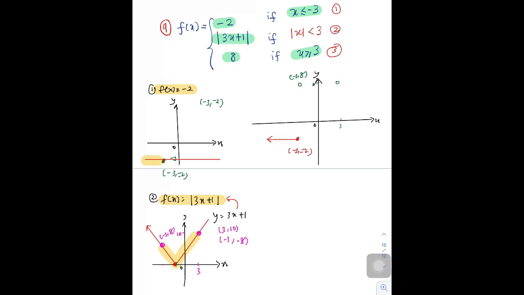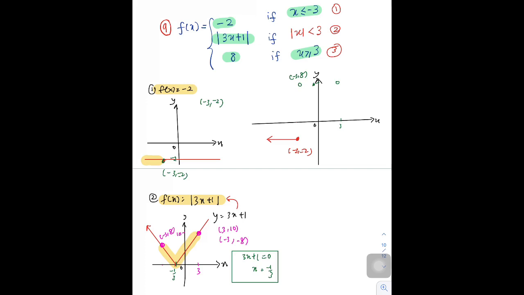In order to find this value here, let your y, 3x plus 1, equal 0. When you solve this, x is equal to minus 1 over 3. So this is minus 1 over 3. Make sure you bring it together as well. Let's draw the first one, minus 3, 8. The second one is 3, 10.